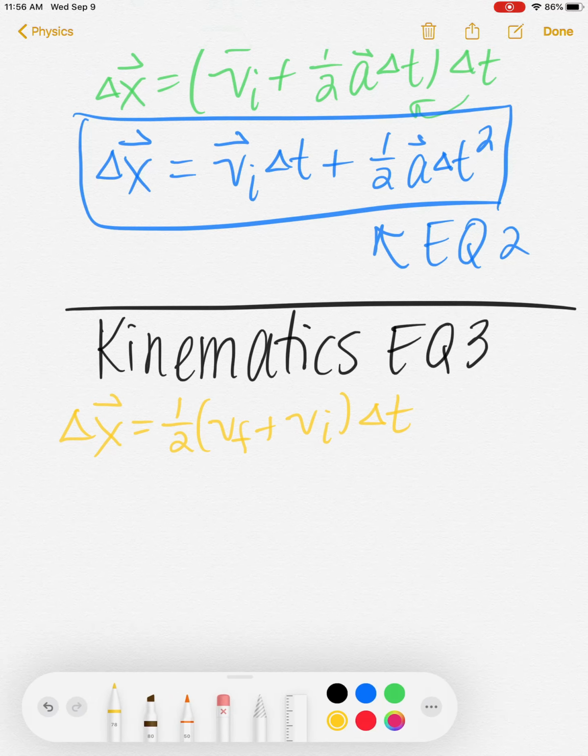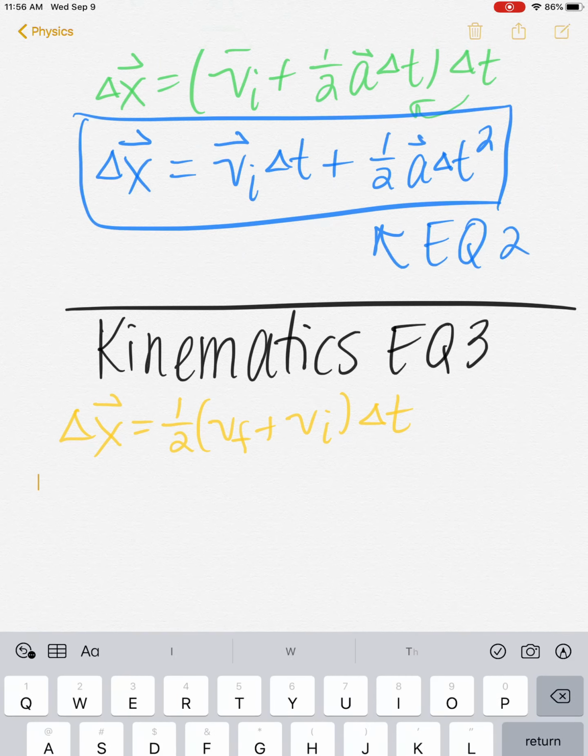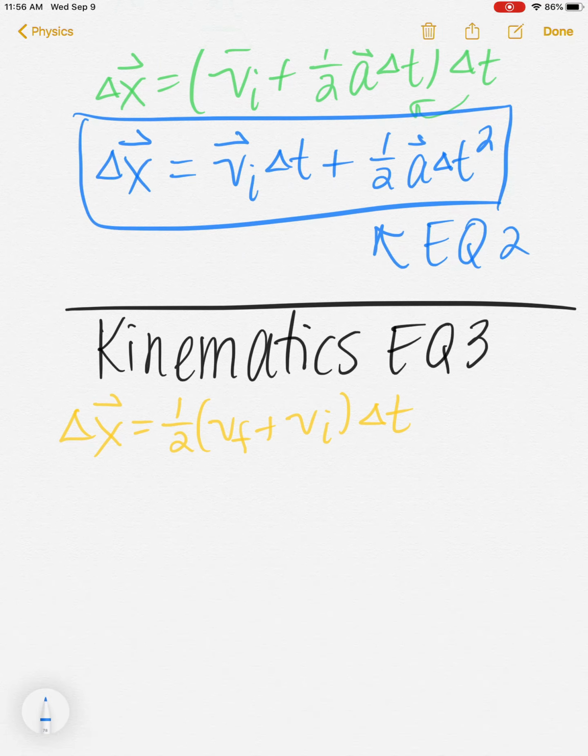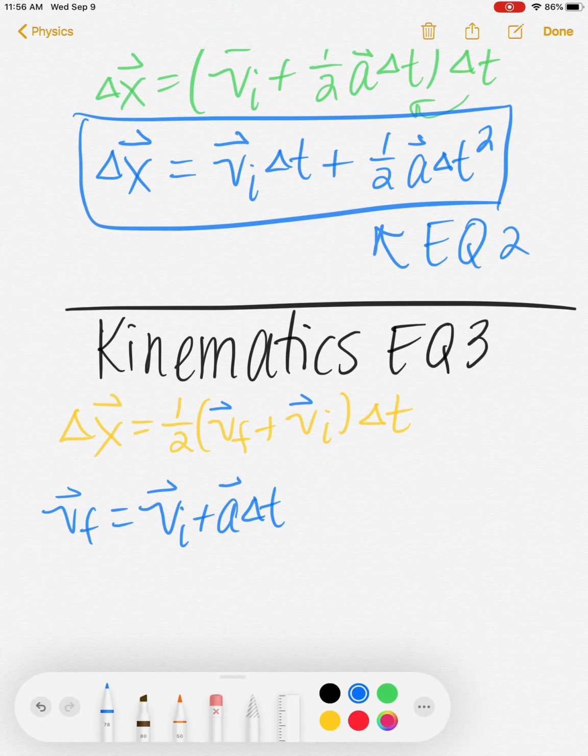We said we want to get rid of time though, so we're going to go back to our first kinematics equation, which said final velocity equals initial velocity plus acceleration times change in time. Got to get my vectors here. Sorry, forgot those. And I want to rearrange this to solve for time.